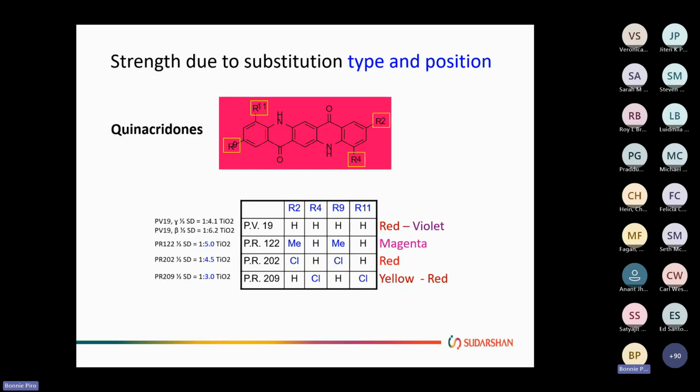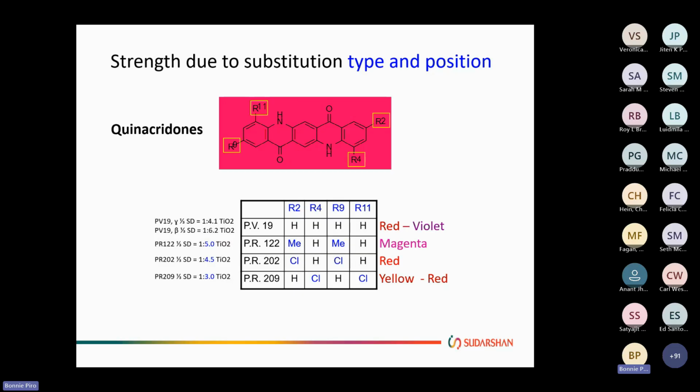With the pigment red 122, where it's a methyl substitution on that R2 and R9, again, top right, bottom left, we have a little bit of a difference in strength. Staying with the same positioning, but swapping in the chlorine, not a lot of decline in the strength.